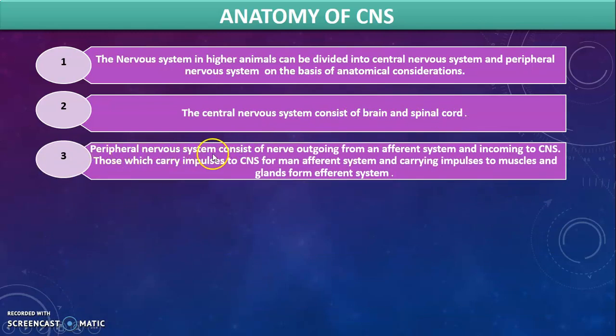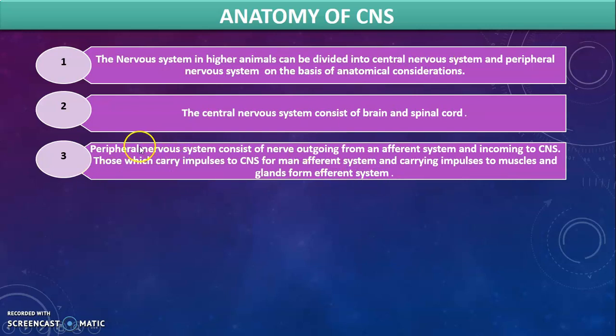The peripheral nervous system consists of nerves outgoing from and incoming to the central nervous system. Those which carry the impulses to the central nervous system are the afferent system, and those which carry impulses to muscles and glands are the efferent system.